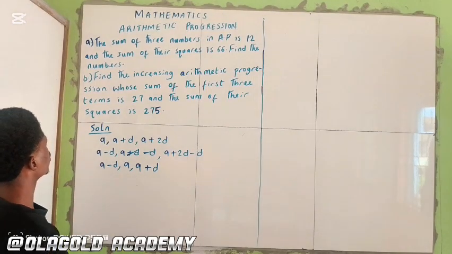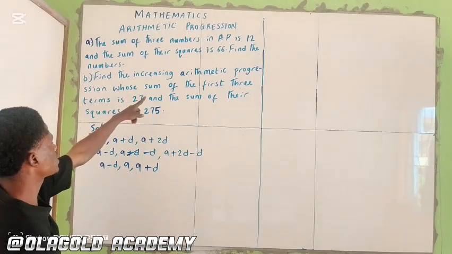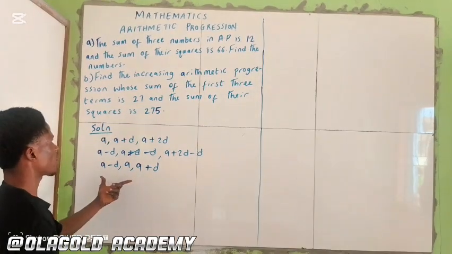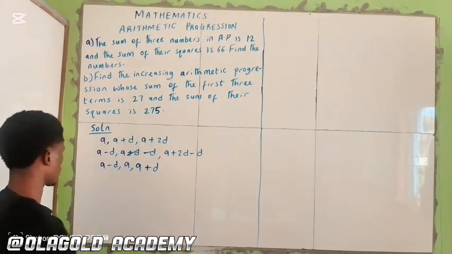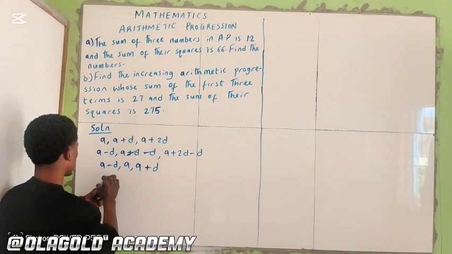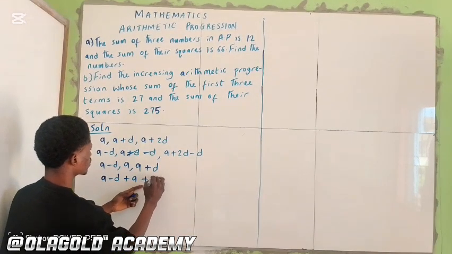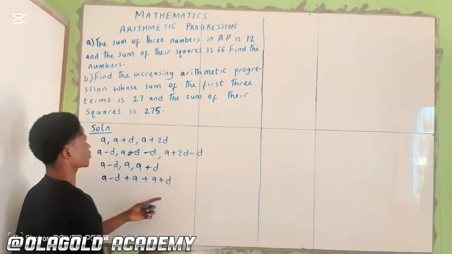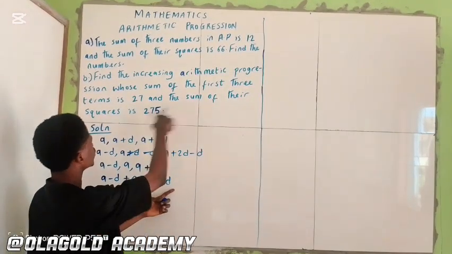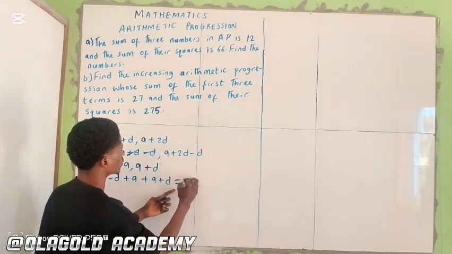Alright. So we are told that the sum of these three numbers is 27. So we have A minus D plus A plus A plus D, the sum equal to 27.